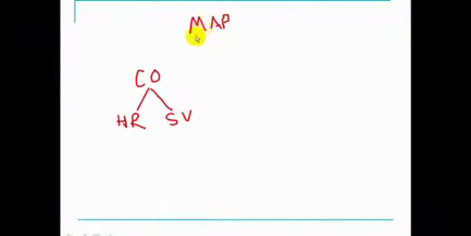So our MAP is affected by cardiac output and total peripheral resistance. And we just discussed what the 2 main factors of total peripheral resistance are.